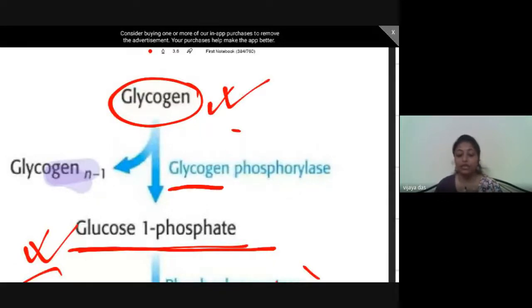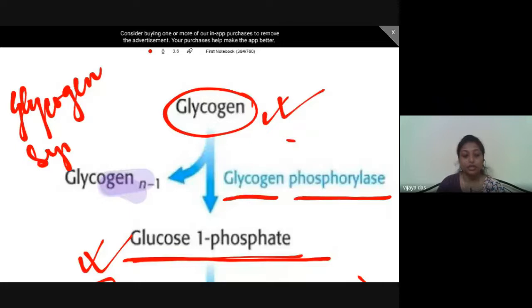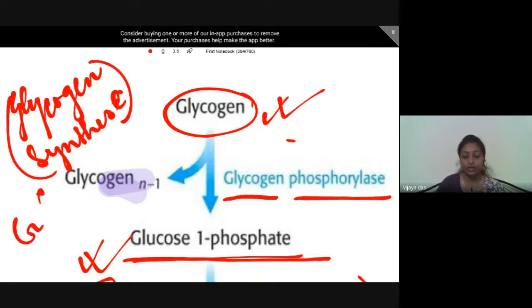By the activity of the enzyme called glycogen phosphorylase. We need to remember that if you are synthesizing glycogen, then the enzyme you will require is glycogen synthase. So if we want to prepare glycogen, the enzyme we need will be glycogen synthase, which we call GS. In short, you can write it as GS.